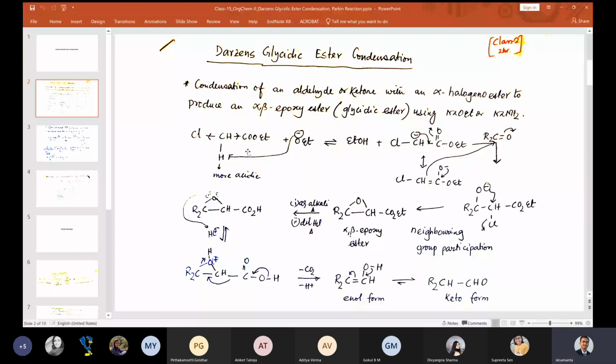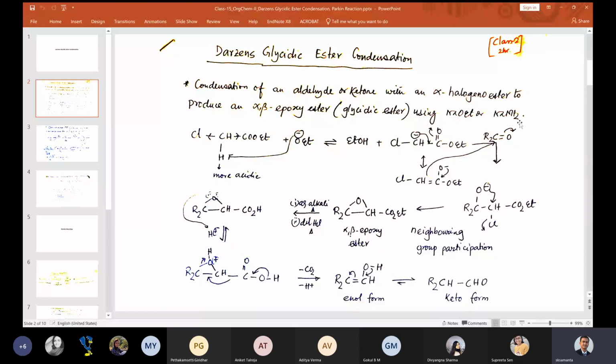Mainly a ketone, not an aldehyde, mainly a ketone we take. So what is the reaction? The reaction is basically condensation of an aldehyde or a ketone with an alpha halogenoester to produce an alpha beta epoxy ester, which is known as glycidic ester, using sodium methoxide or NaNH2 as base.